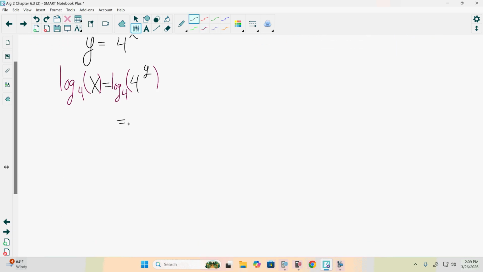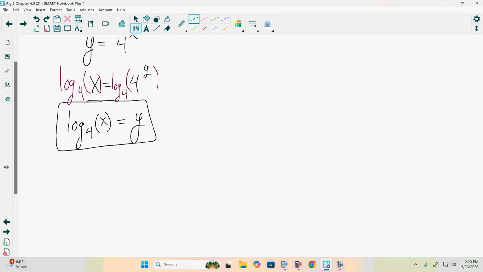Because on the right-hand side, log base 4 of 4 to the y is just y. Log base 4 of 4 simplifies. On the left-hand side, we will still have log base 4 of x. Y is by itself. There's nothing else that we have to do. So that's it.